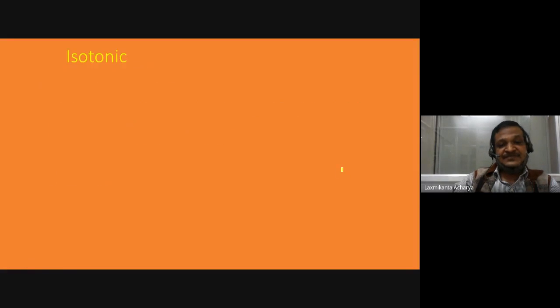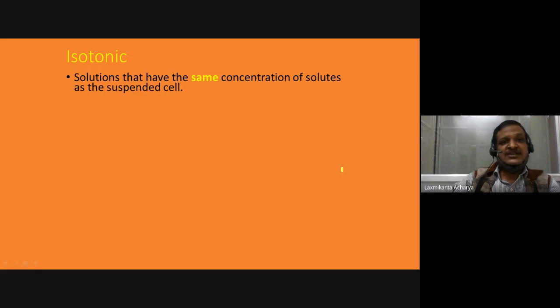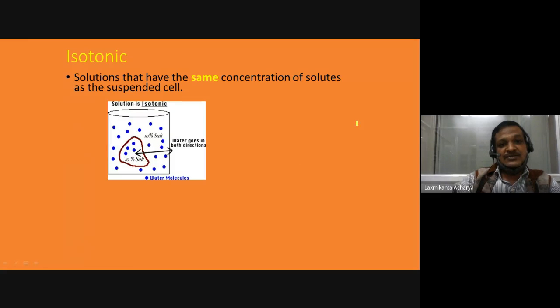In an isotonic solution, the concentration of the cell and outside the cell is the same. Here this is a 10% solution and this is also 10%. So there is no change in the shape of the cell because it is in an isotonic solution. There is no transport of water molecules into or outside of the cell.